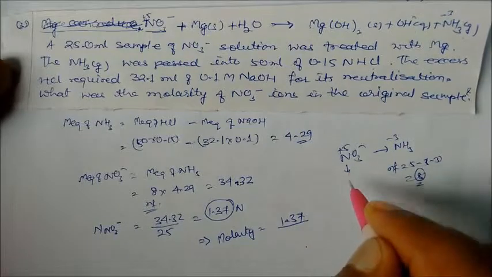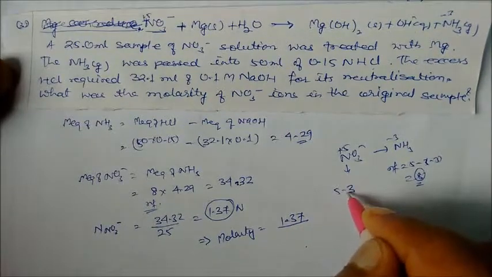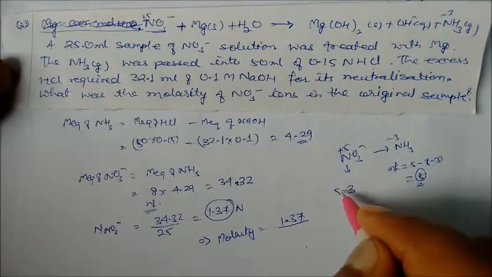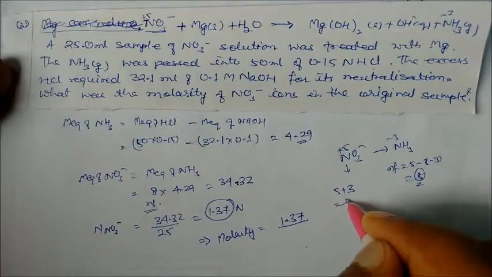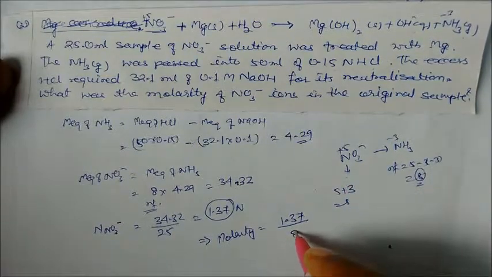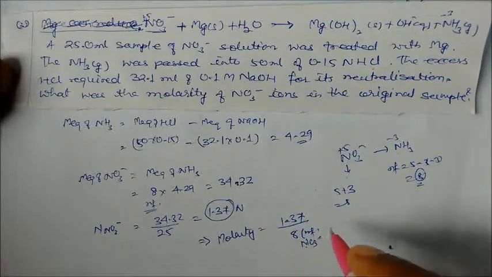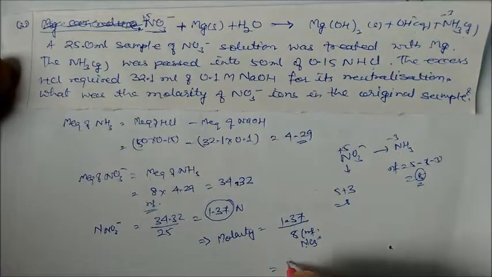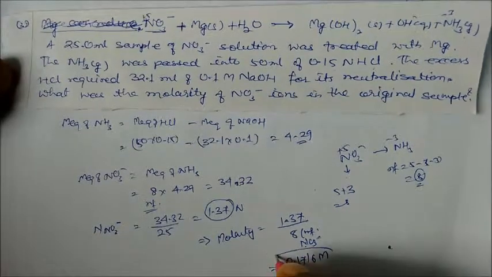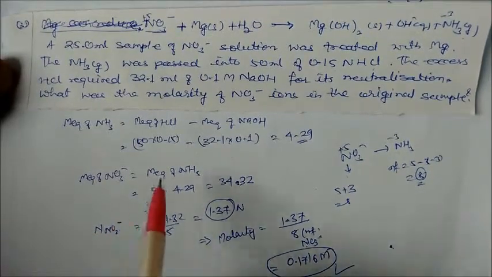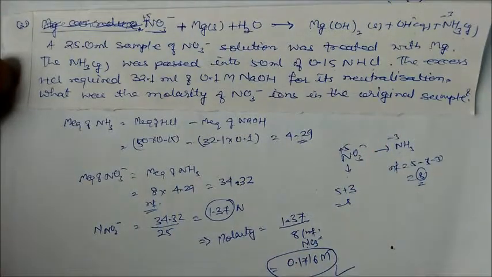The n factor for nitrate is 5 minus -3, so it becomes 8. Dividing, we get 0.1716 molarity. This is our basic answer: the molarity of nitrate ion in the original solution.